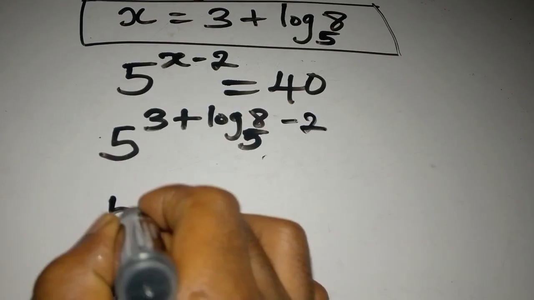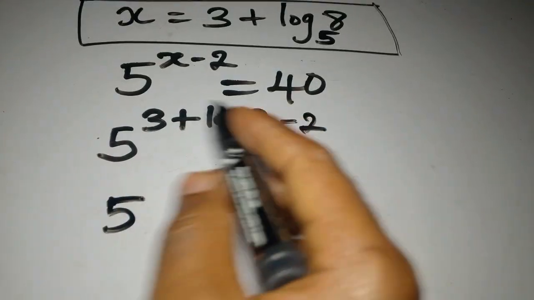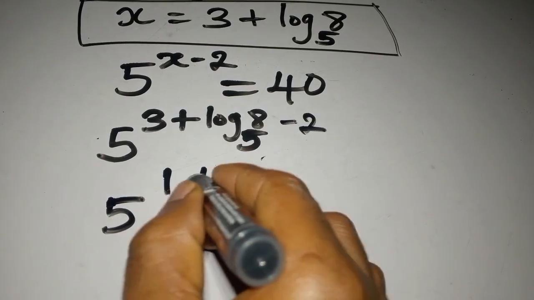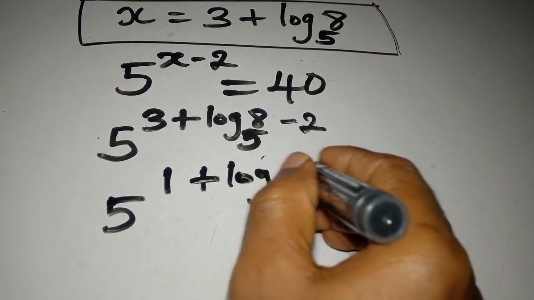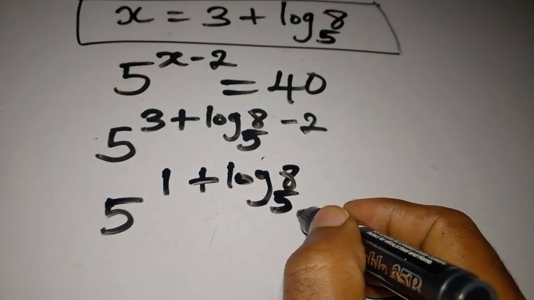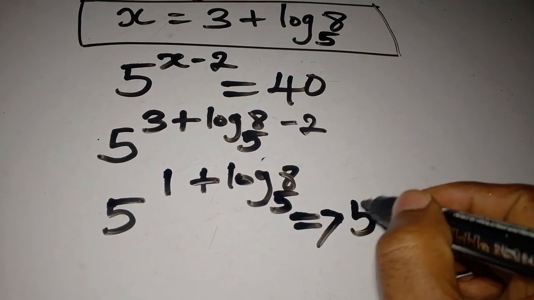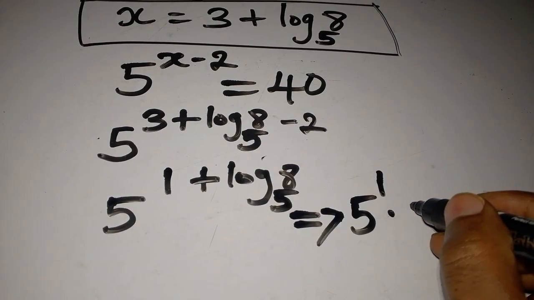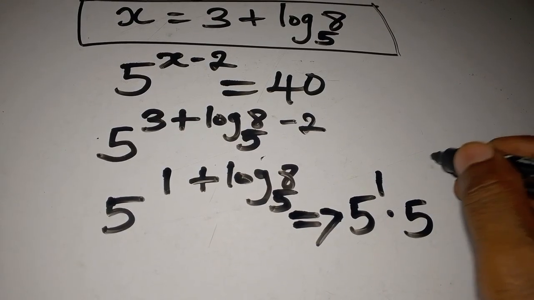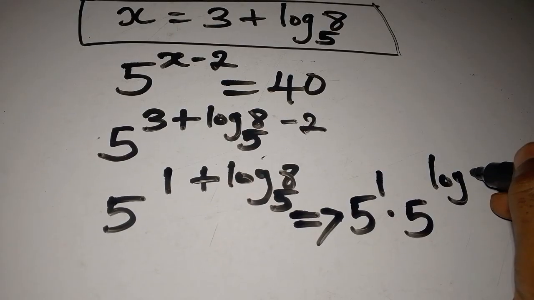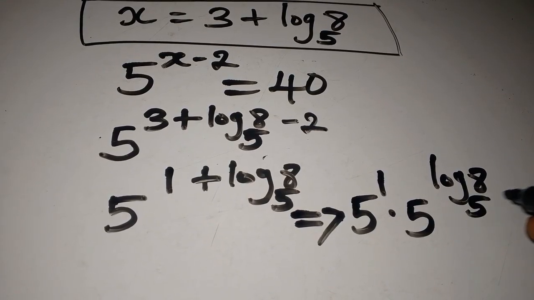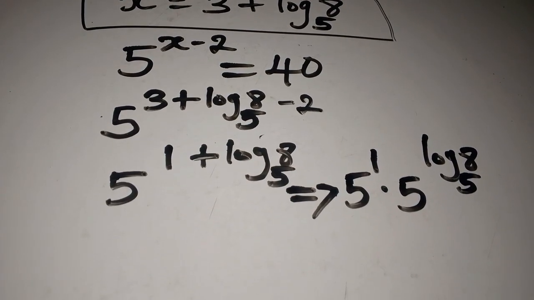Then we have 5 to the power of 3 minus 2 is 1, then plus log 8 to base 5. So this will now imply we have 5 to the power of 1 multiplied by 5 again to the power of log 8 to base 5. I hope this is understandable now.